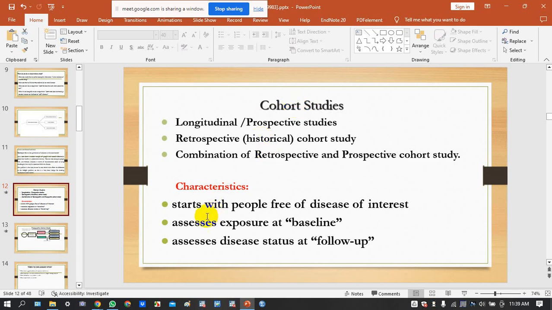So characteristics. The study starts with people free of the disease. I've explained already, using the gestational diabetes method. There are some women who don't have diabetes, but anytime they become pregnant, along the course of their gestation, they develop gestational diabetes. So for a cohort study, you should start without the condition.